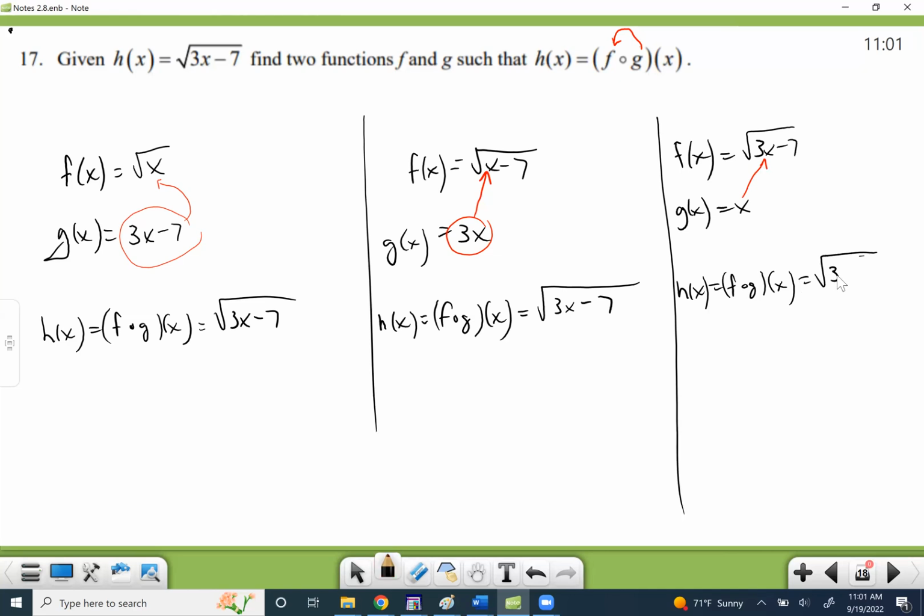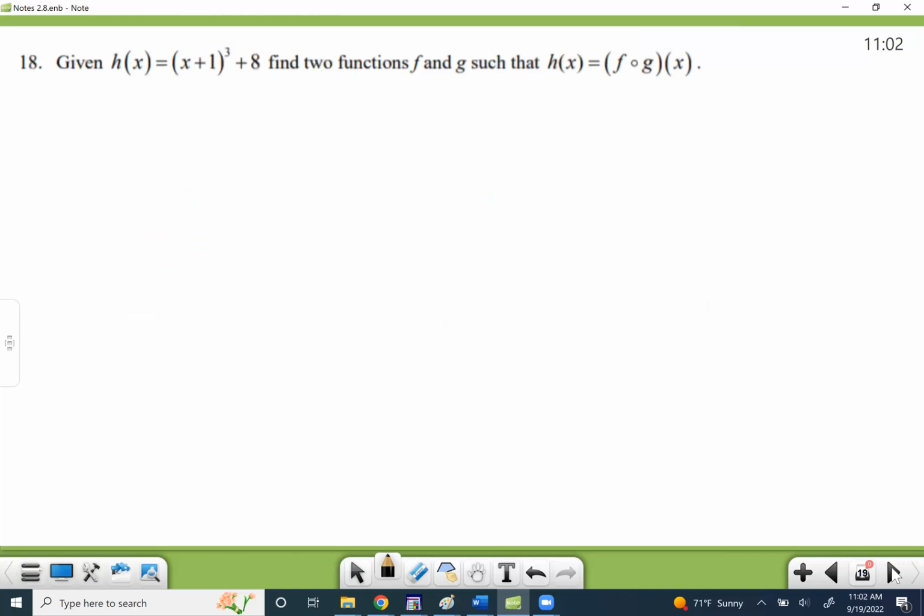So there are infinitely many correct answers to this, you guys. Probably the one that we were hoping you would spot is the first one, but honestly, to answer the question, any one of those would work.